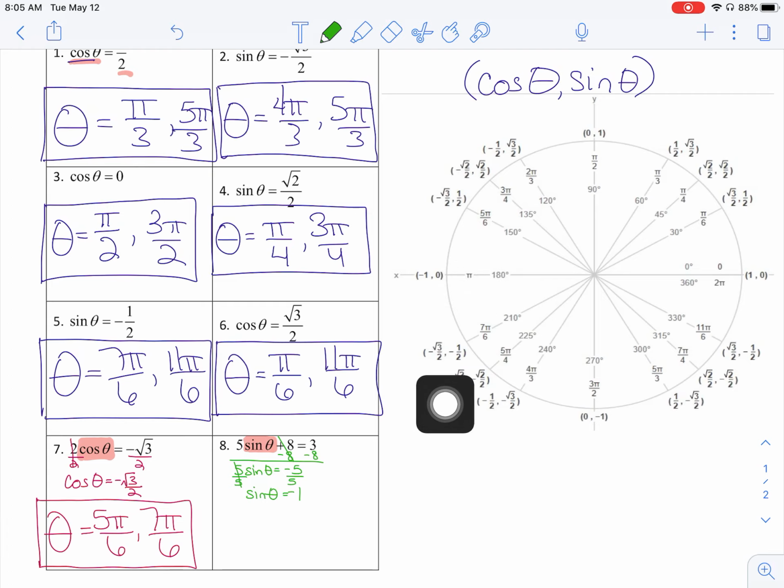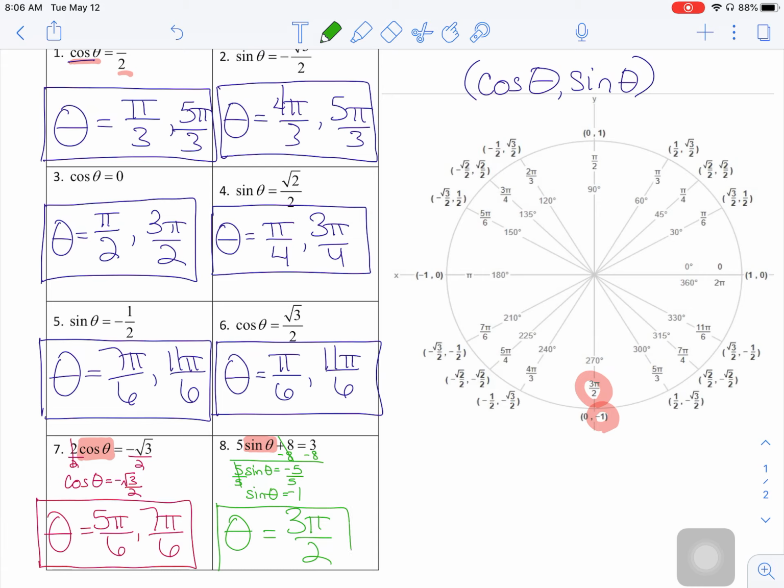But none of these are negative. This one's negative 1. So right here, I have a sine value of negative 1. That's 3 pi over 2. And I'm going to keep rolling with my unit circle, see if there's anywhere else. And that's it. So this particular theta is going to equal 3 pi over 2.